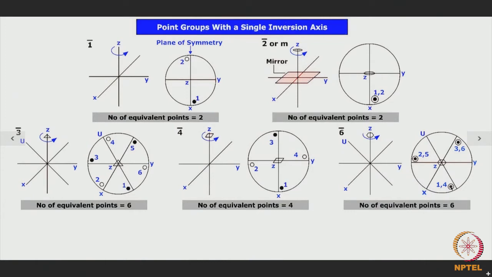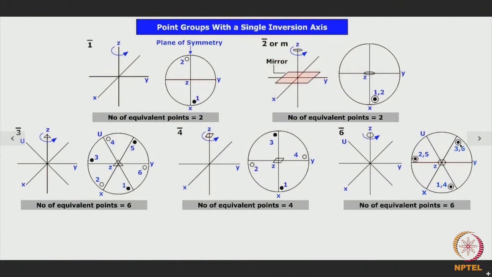So, the point 1 over here should have gone over there, and then after inversion to the center, it comes over here at a different level. Now, this point 2, after rotation, should have come over here as a closed circle, but after inversion, it comes over there, point 3, an open circle.